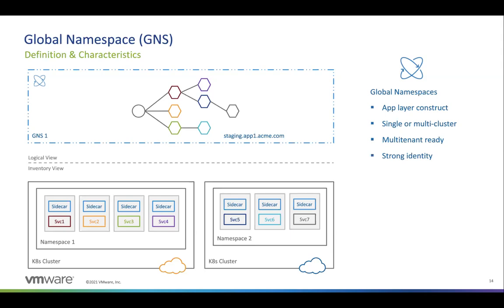So for example, in this case, let's assume there are two clusters, as we see, and there are these two namespaces with services running on them. And let's assume GNS comprises both these clusters and both these namespaces. So what's going to happen is, as soon as you create a GNS, and we'll see it very clearly in the demo, by the way, service 1, for example, will automatically be able to talk to service 5 using a certain domain name, which is given by us through a strong identity CA mechanism.